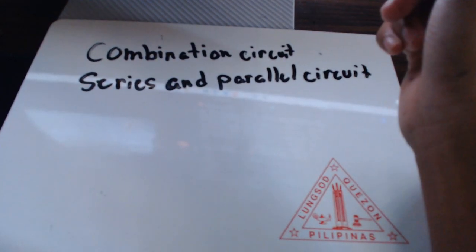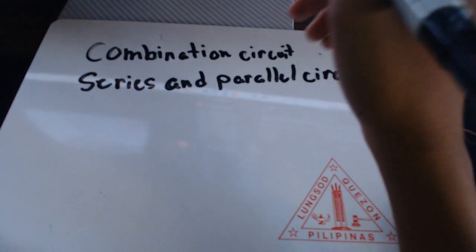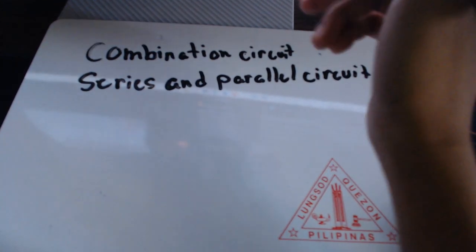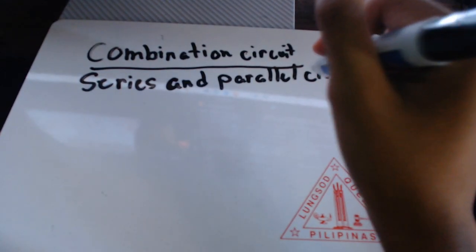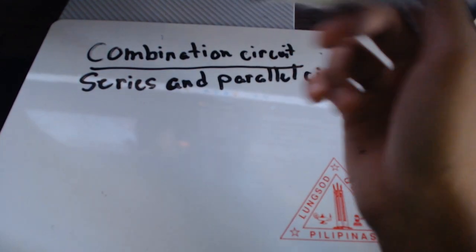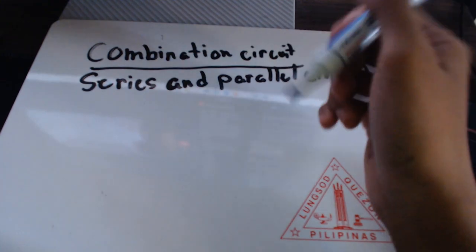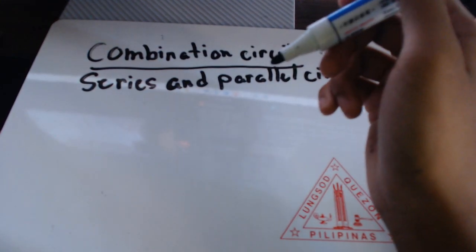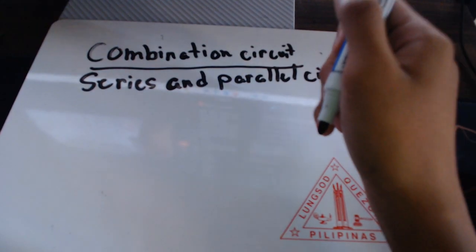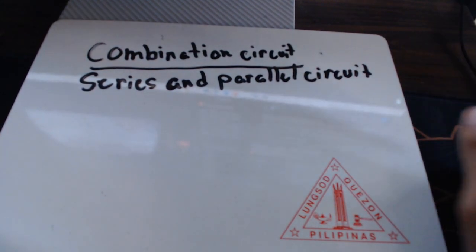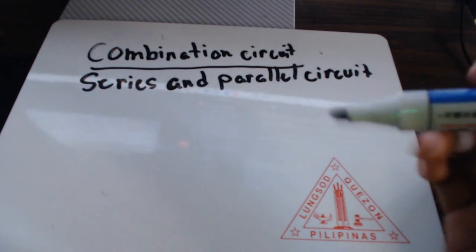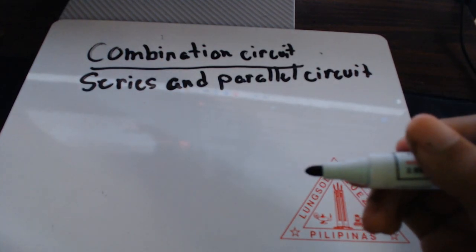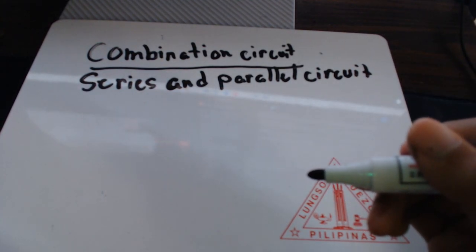So what happens is, when a circuit has both series and parallel sections, that is called a combination circuit. We can't just use the series rules or just the parallel rules for the entire circuit. Instead, we identify each section and use the correct rule for that section. We simplify the easiest section first, replace it with its equivalent resistance, and then continue simplifying the circuit.